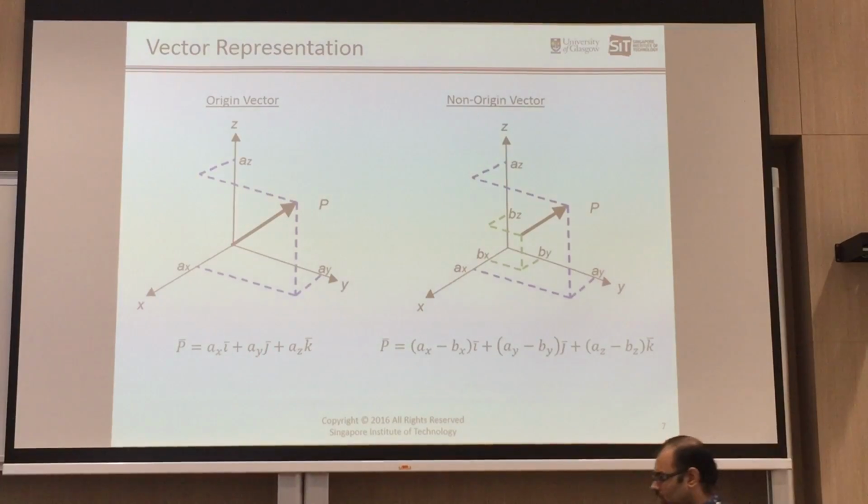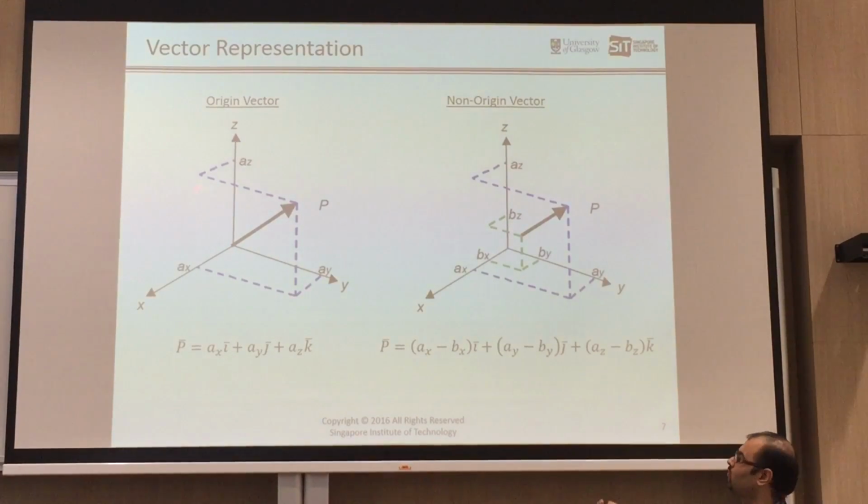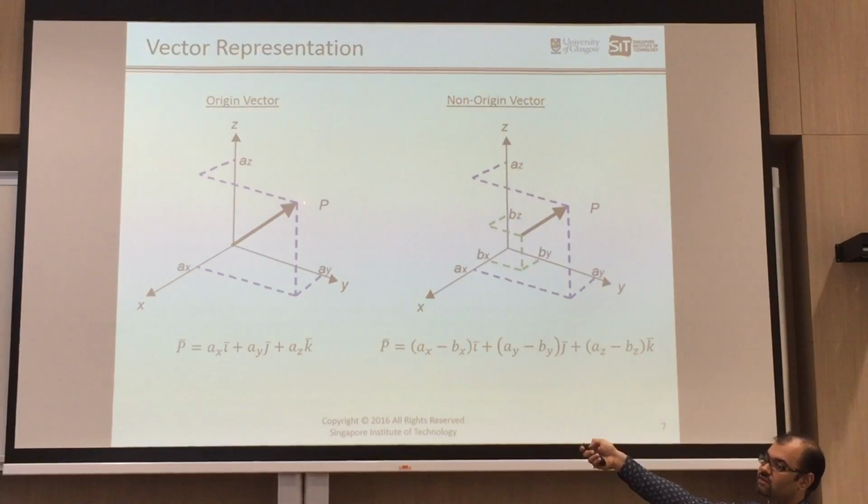But vectors actually help you to describe a location with respect to a frame. Okay. Let's say you have a point in space here, you have this particular frame here. How do you define this point? Right? You use the origin of this frame. You say that, okay, go by the amount of AX in the x-axis, right? Go by the amount of AY in the y-axis, and then you go up by AZ in the z-axis.